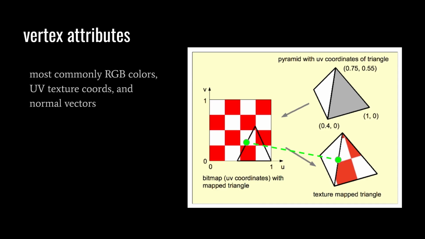So again, there's a linear relationship between the texture triangle and the 3D triangle, but as we've already said, because of the effective perspective, there's not a linear relationship between our 3D triangle and the viewplane triangle. Transitively then, there's not a linear relationship between our viewplane triangle and the texture triangle.